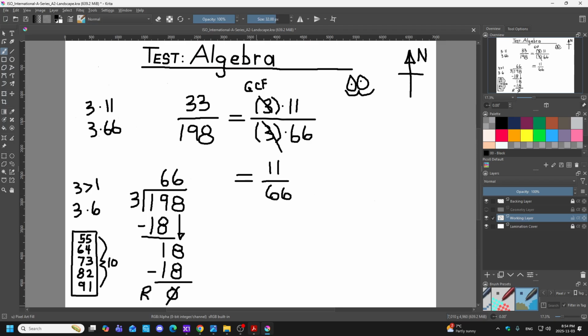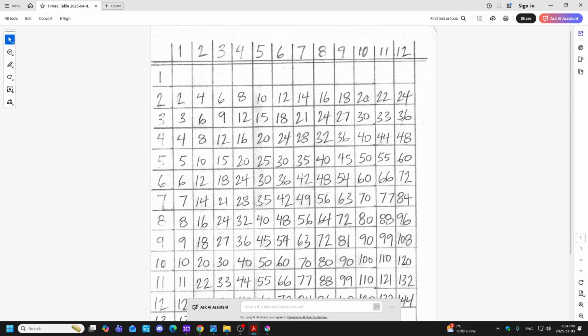Let's go back to our times table. Recall the 11s. 11, 22, 33, 44, 55, 66. All right, yay. That's what we're looking for. 11 times 6 equals 66.